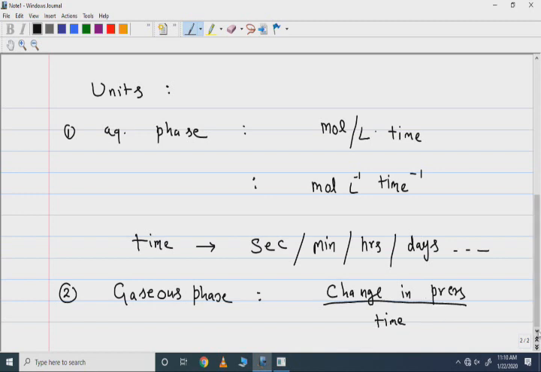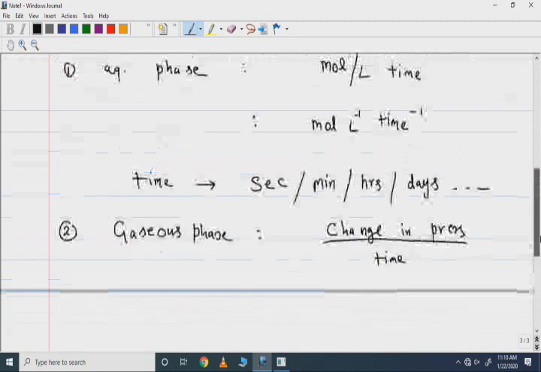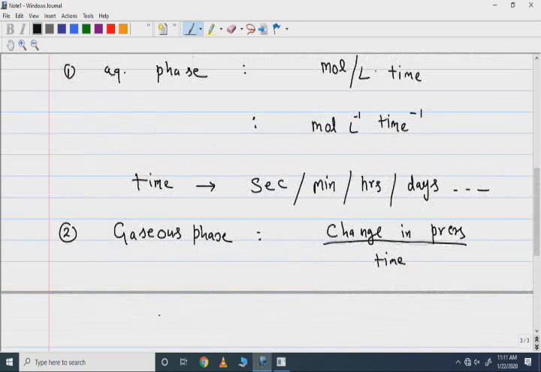So for this one the unit will be atmospheric pressure, which is atm time inverse. So these are the units that you will see in this chapter. Copy.